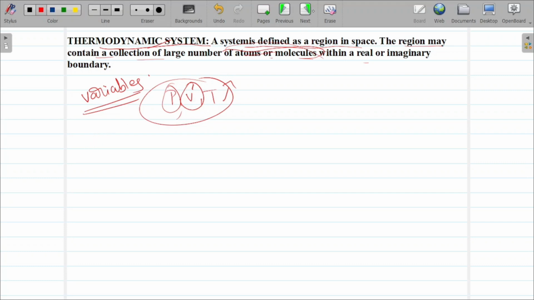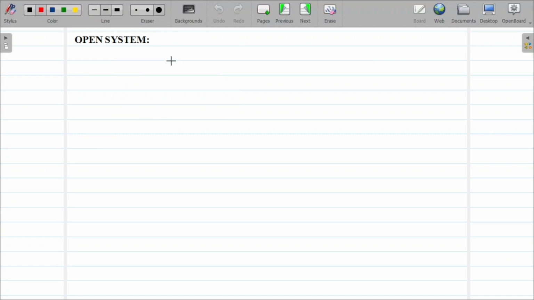So the first system is the open system. Let's consider a container of water, fully filled with water. We are giving some heat to this. When you give heat, the particles give energy to the surroundings.